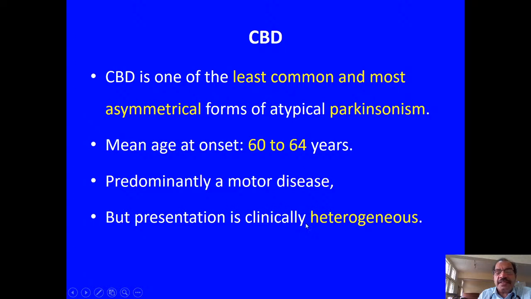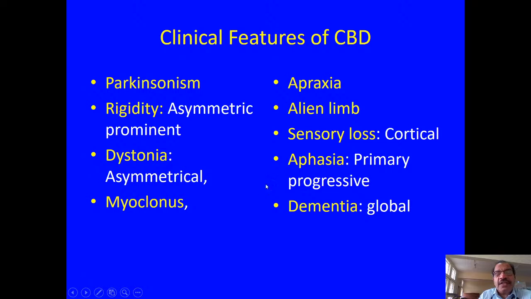But this clinical picture is highly variable from individual to individual. Various manifestations of CBD may be Parkinsonism, like rigidity, or sometimes involuntary movements, or some dystonia, or myoclonus, and they may have various types of cortical manifestations.